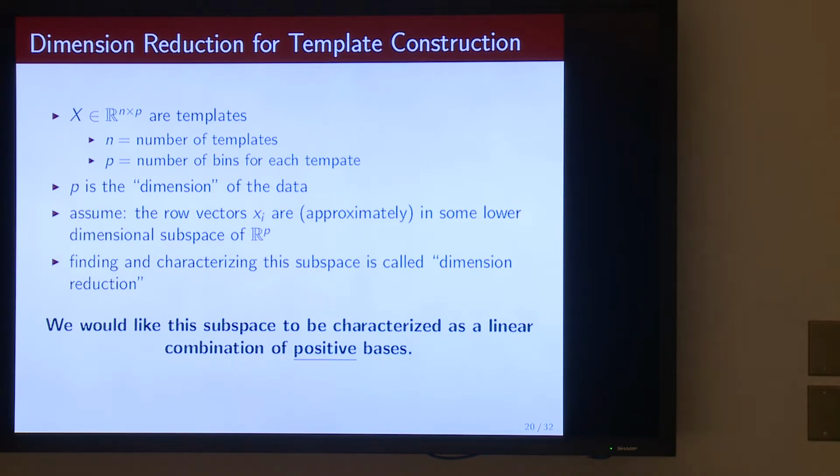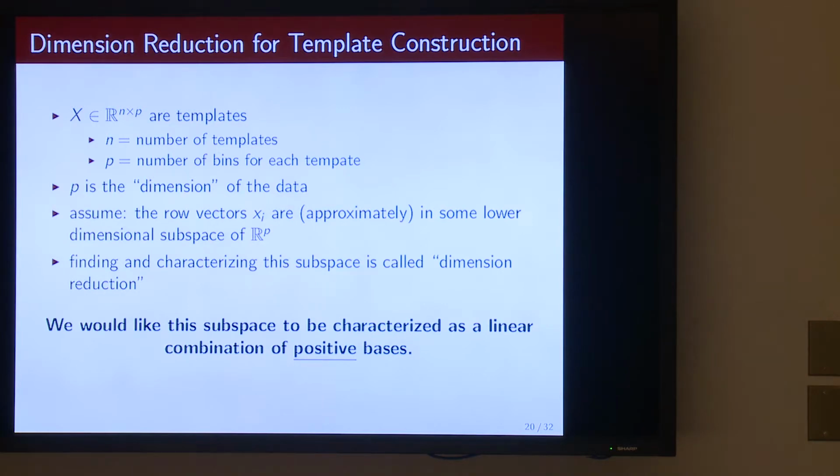Oftentimes when we have high dimensional data, the data is actually lying on some lower dimensional subspace. What we'd like to do is find that lower dimensional subspace. That's called dimension reduction. In general, the most common tool for dimension reduction is principal components analysis.